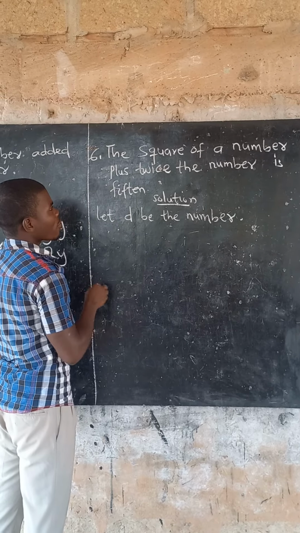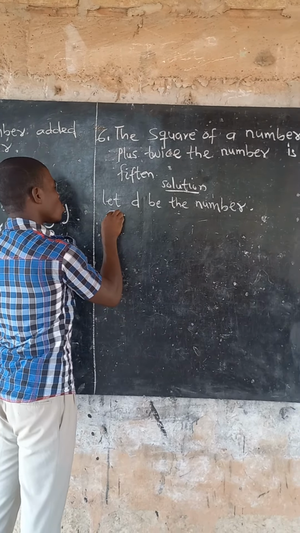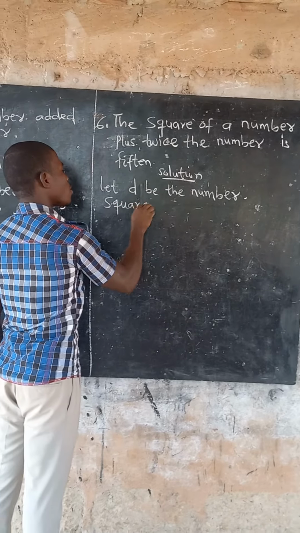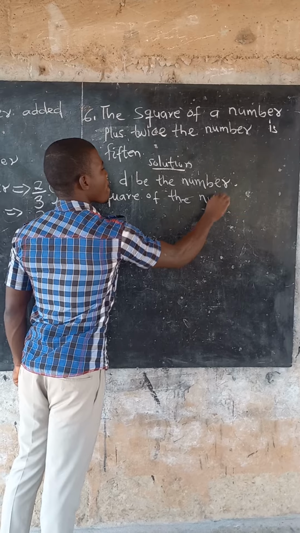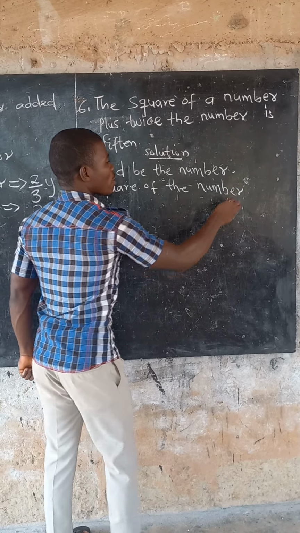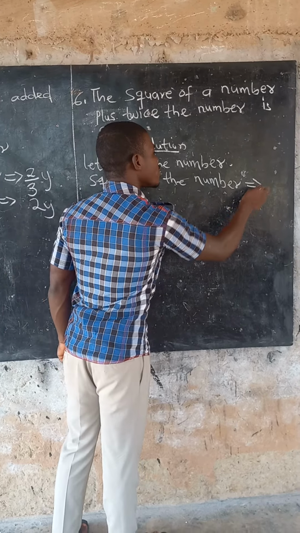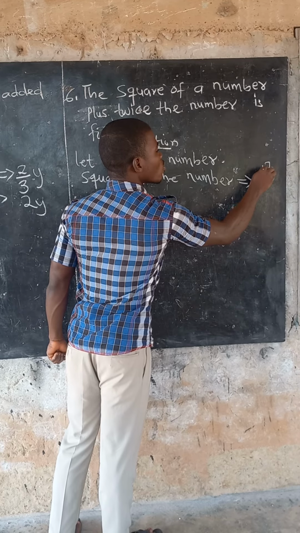So square of the number implies that D squared.